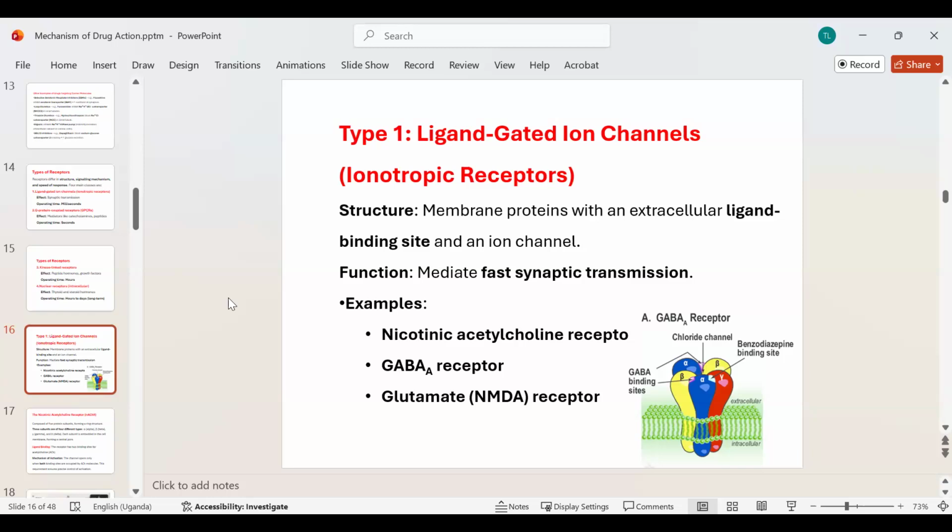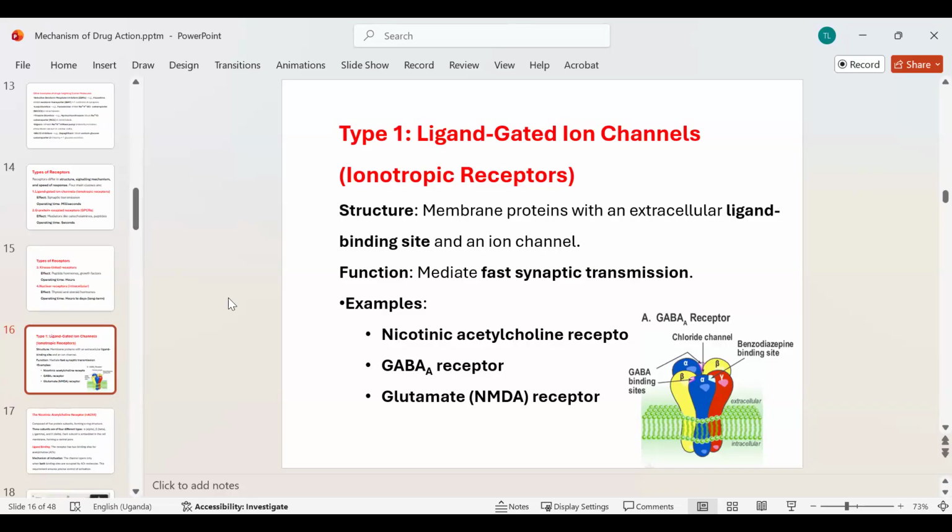But with others, they cause depolarization of the membranes. Those that are usually positive, like the sodium channels, I mean the sodium ions. You get it? So yes, it really depends on which ion has been allowed to enter.